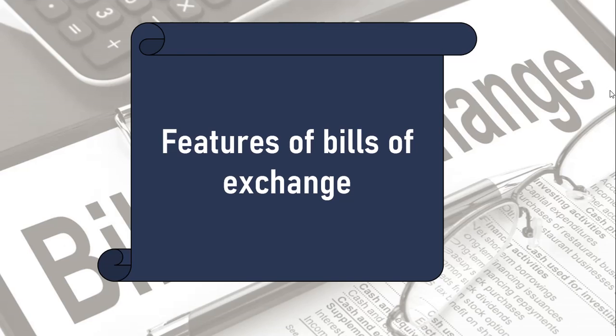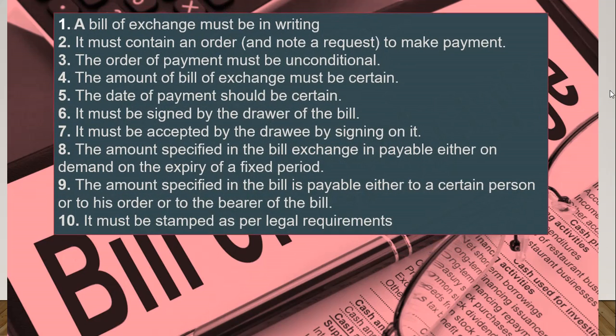Features of bills of exchange. A bill of exchange must be in writing. It must contain an order to make payment. The order of payment must be unconditional. This is an order, not a request. The amount of bill of exchange must be certain.